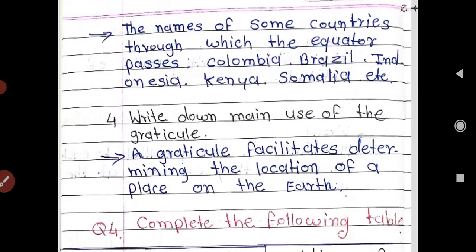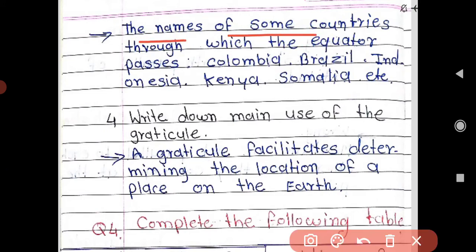Our answer is, the names of some countries through which the equator passes: Colombia, Brazil, Indonesia, Kenya, Somalia, etc. These are the names of countries.